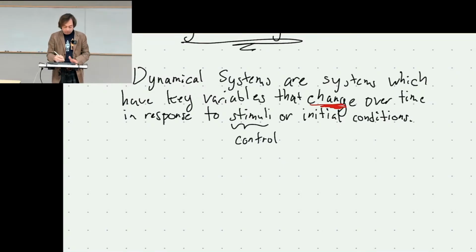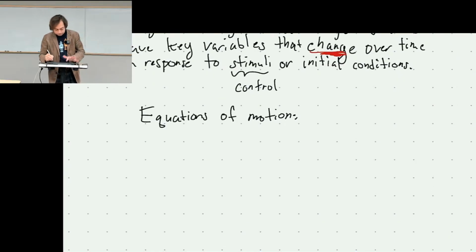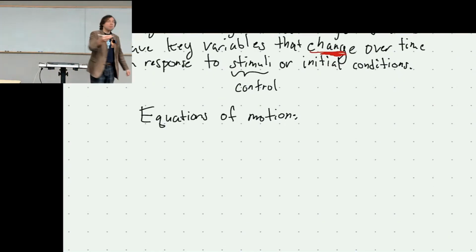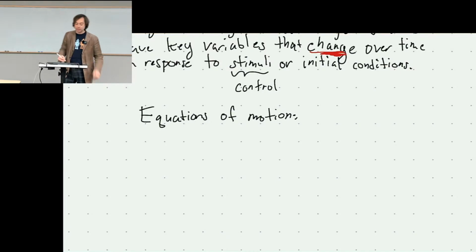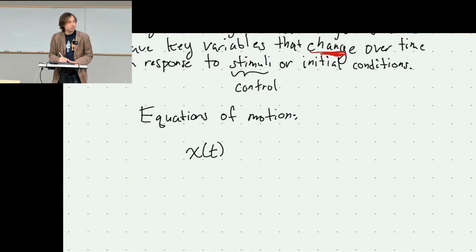So how we define a dynamical system, we define what we typically call an equation of motion, or dynamics. So we might have equations of motion where we will have some variable that changes over time, okay? Let's call it x of t.